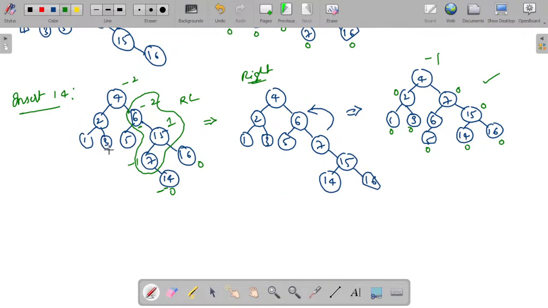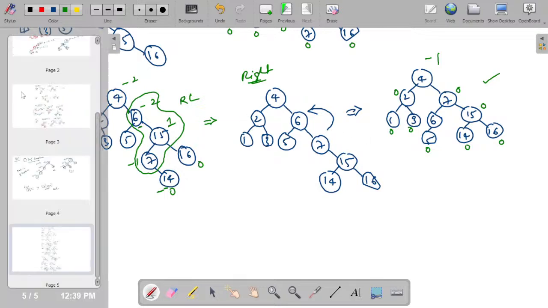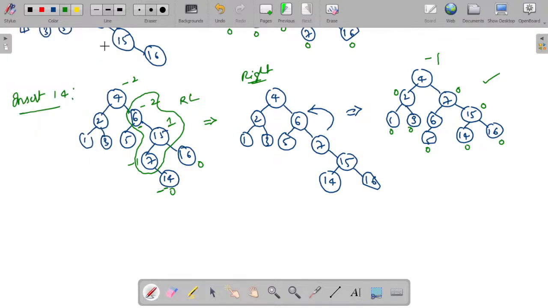Which side do you want me to insert, Tendulkar? Okay, I'll first take this tree and then see what can be performed. All right. So now let me just copy this tree and then I can take whatever case you were asking me.